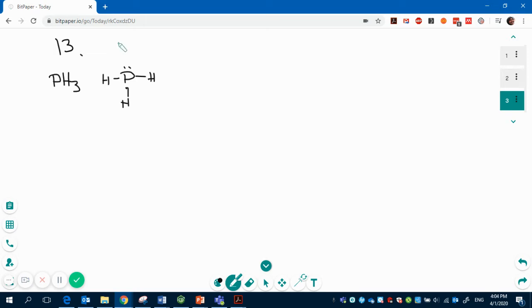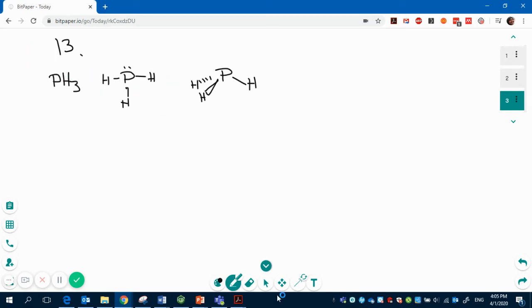And then there are 4 electron groups, so it's going to be tetrahedral, but there's 3 bonding and 1 non-bonding, so it's going to be trigonal pyramidal, like that, right?